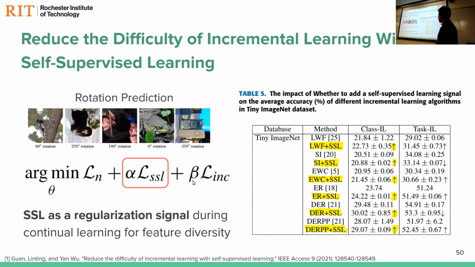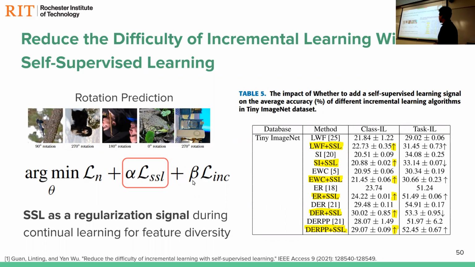But besides those two, now they add this extra loss that is called SSL, which in this case is just a rotation prediction task. So what they are telling the network is, okay, I want you to learn the classes because this one will have the labels. I want you to not forget because this one is penalizing if you're changing the weights too much or if you're just having forgetting. But also, I want you to learn features that don't necessarily relate to the class that you're learning or to the forgetting, which is the previous class.